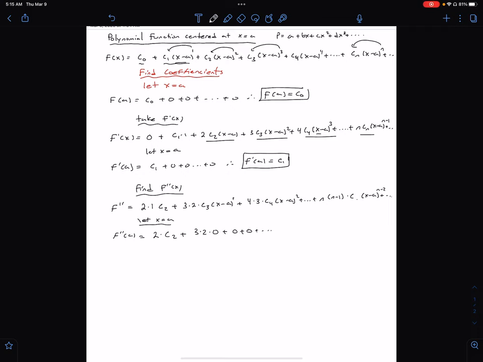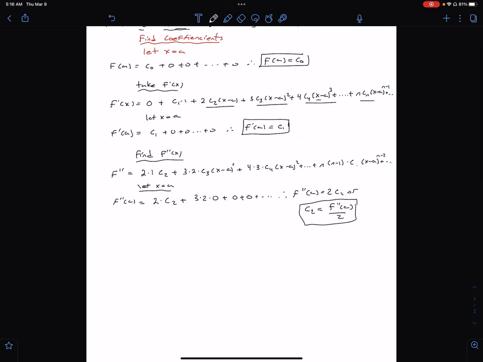Remember, this goes on forever. So therefore, we can say f double prime of a equals 2c2, or that c2 equals the second derivative at a divided by 2.